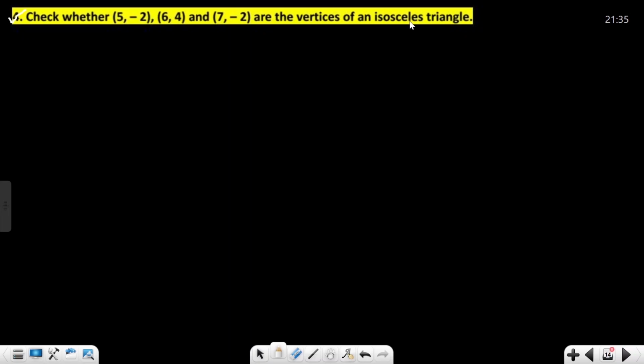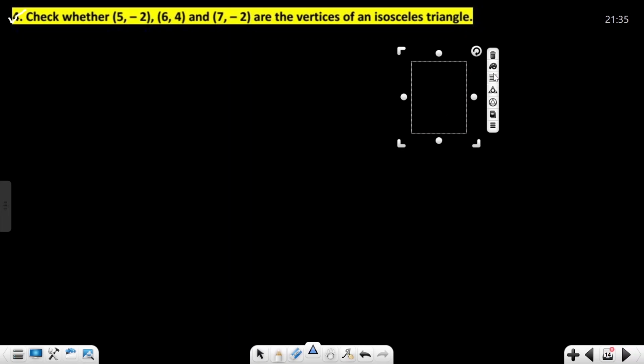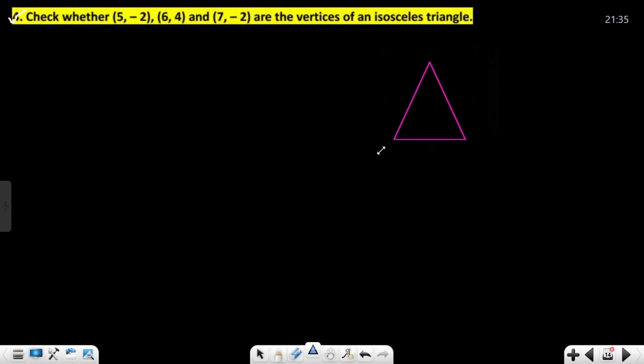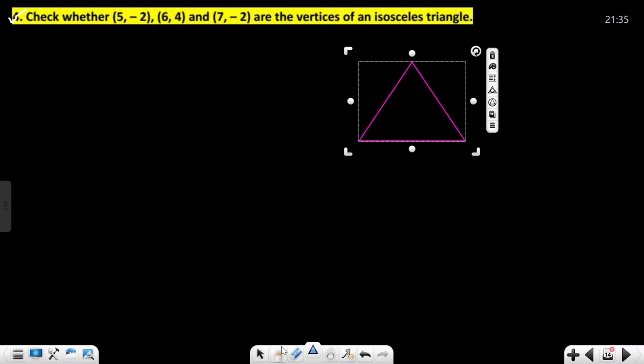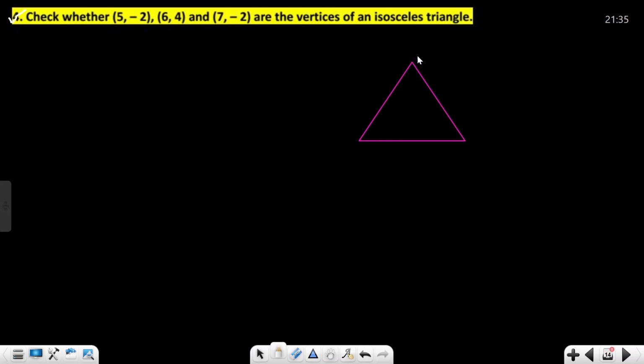Are the vertices of an isosceles triangle? Isosceles triangle means a type of triangle whose two sides are equal. So we make a triangle here. Okay, suppose this triangle's coordinates are A (5, -2), B (6, 4), and C is (7, -2).